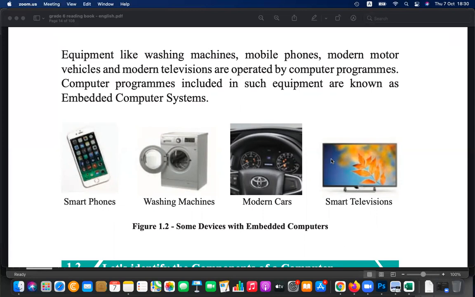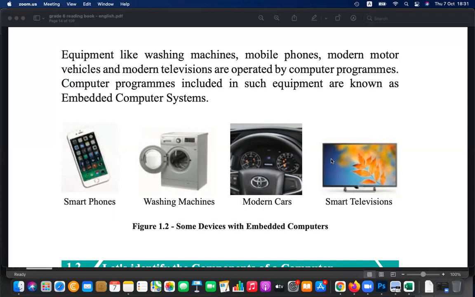Air conditioner. Yes, air conditioners have computer parts, automatic air conditioners. Then smartwatch. Smartwatch, yes. Definitely smartwatch, air conditioner.